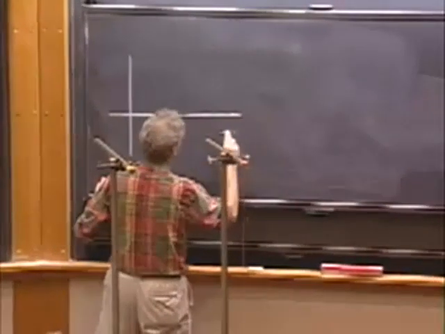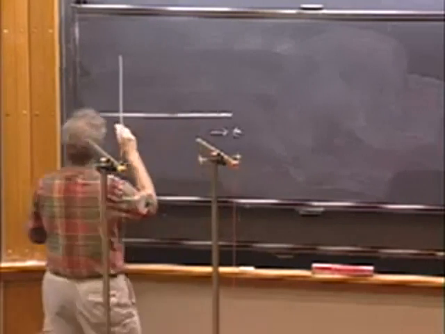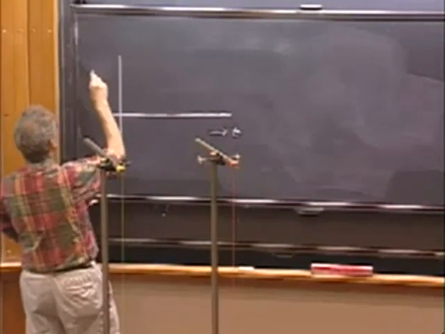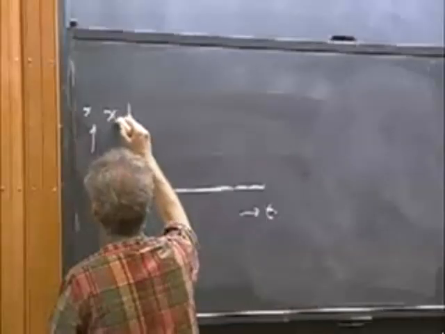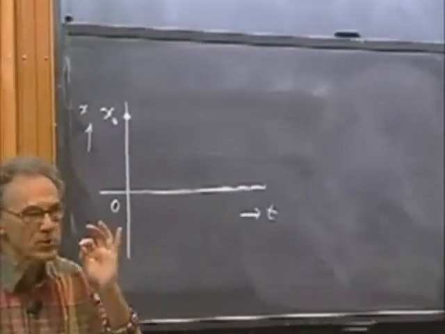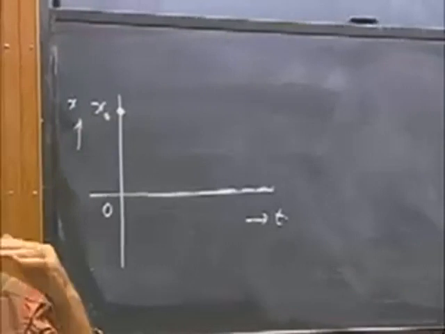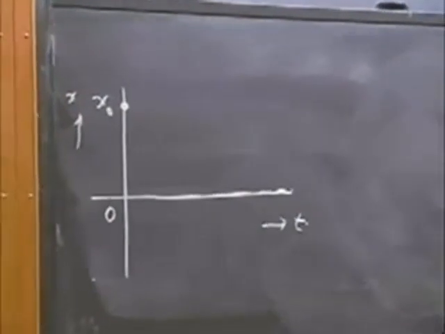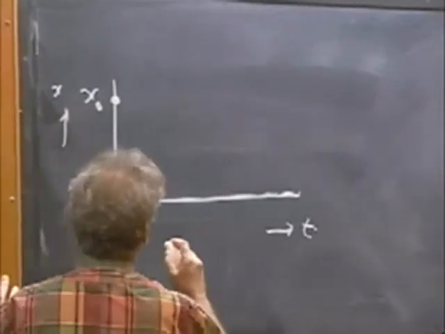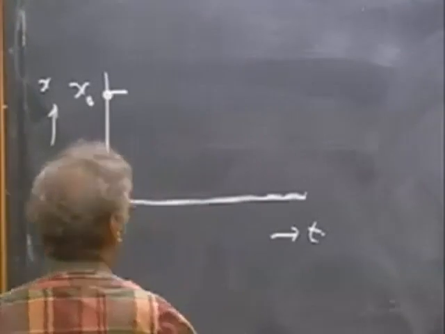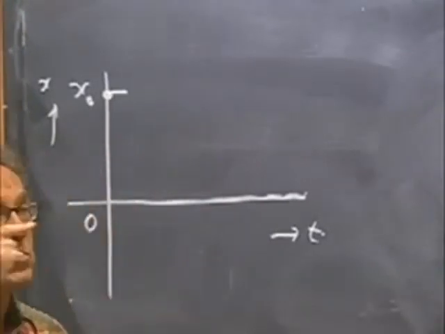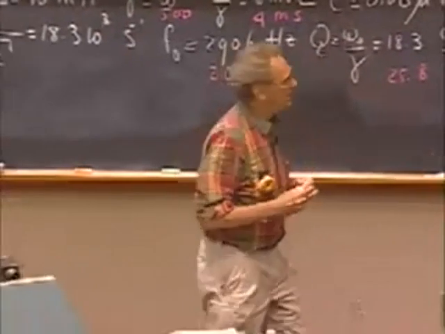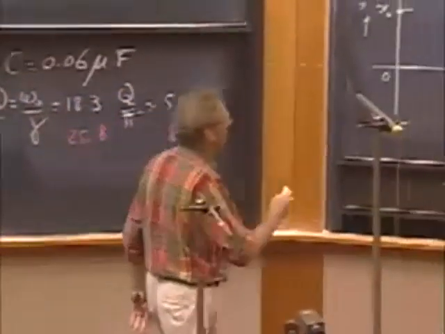Let this be a spring system, and this is x equals 0. And I offset the spring to a position x0, and I let it go with 0 speed. That's my initial condition, 0 speed. So that means when I let it go, it must go in this direction, right, in that diagram, because the x dot must be 0. But there is no oscillation, so what will happen is this.